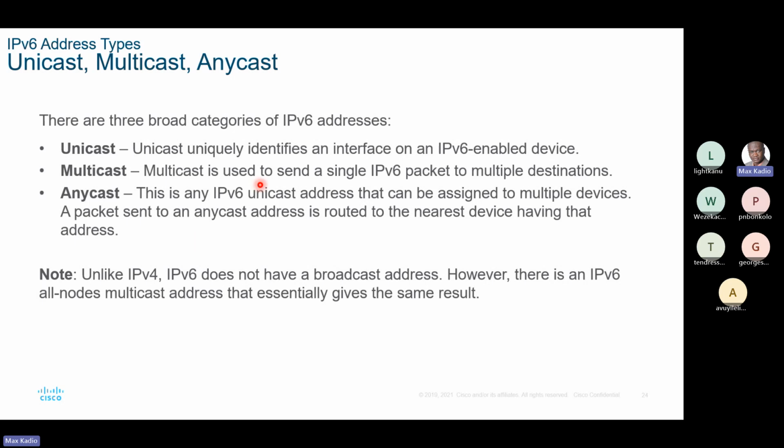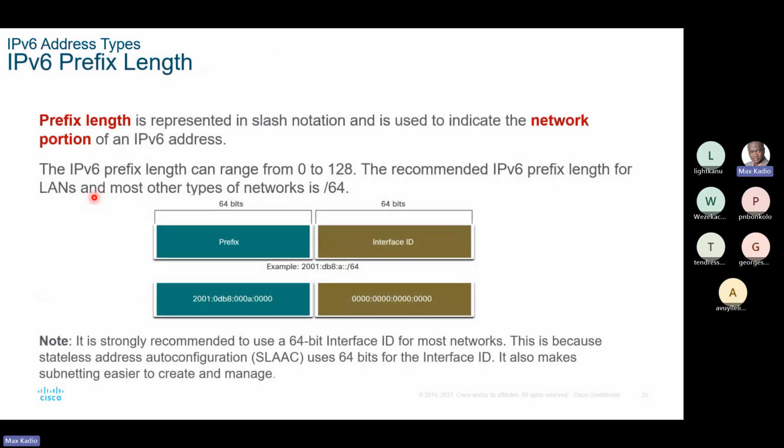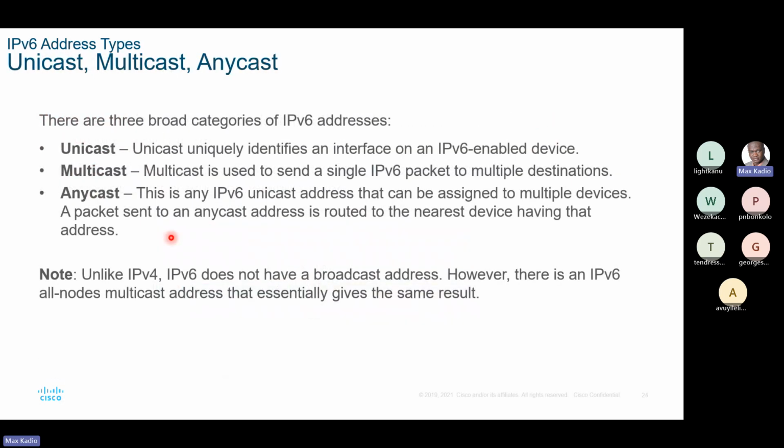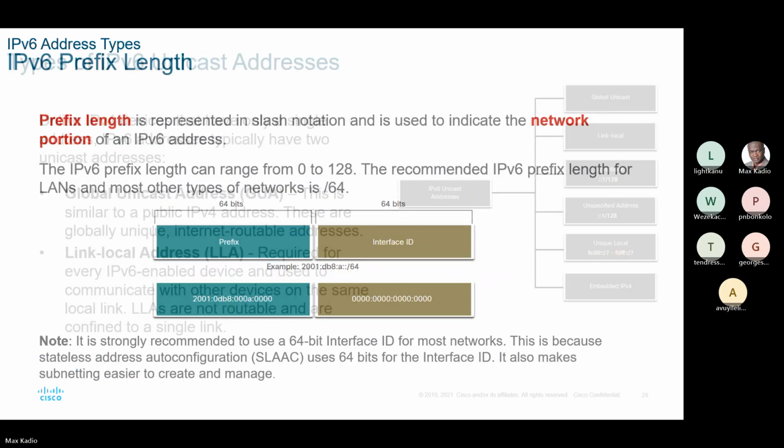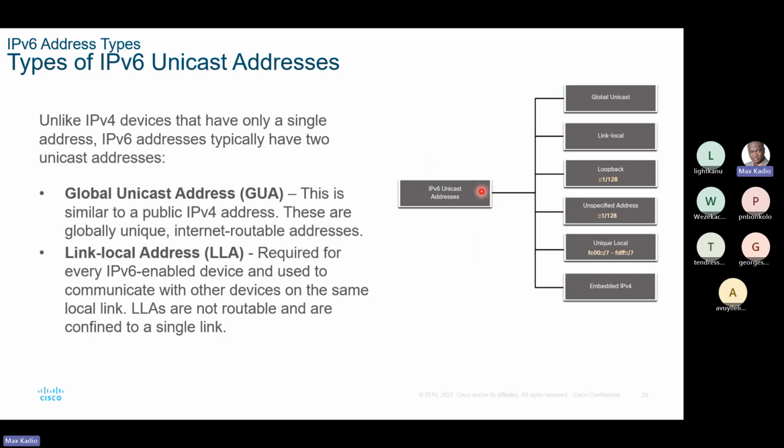Okay, after these 3 families, the most used will be the first one, unicast. In unicast, we have these 1, 2, 3, 4, 5, 6. We have six types inside unicast, but we use only 2 a lot.